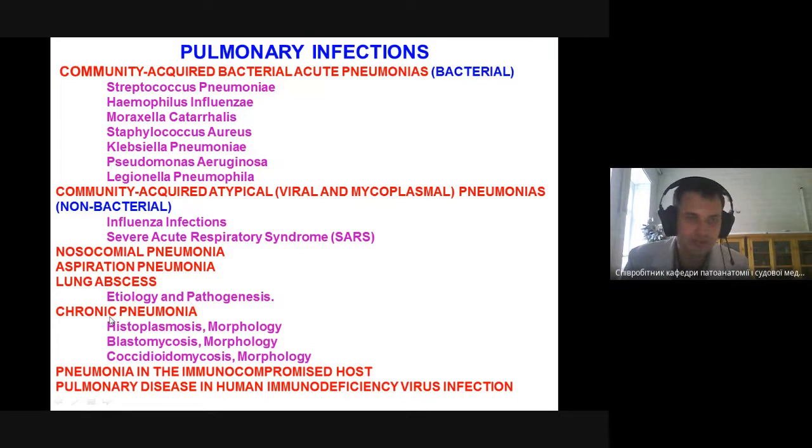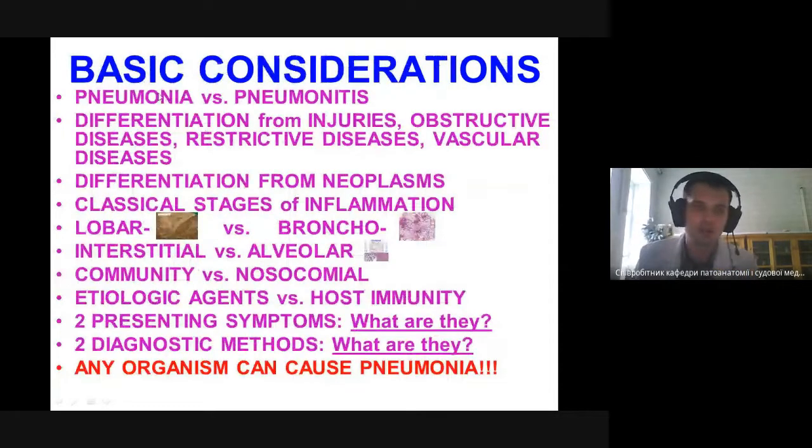Chronic pneumonia, those are associated with productive inflammation from the first day. Pneumonia in the immunocompromised host, in either pulmonary disease or human immunodeficiency virus infection. So pneumonia or pneumonitis. Yeah, pneumonitis is the most general term, including all the inflammatory processes in lung tissue.